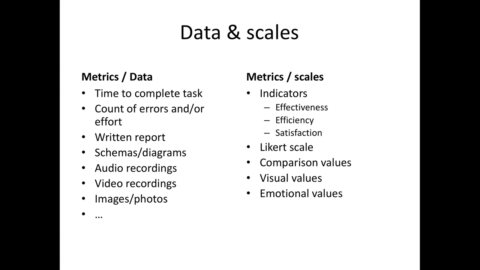Each method has different data that we can get, and we can get that data with different scales. Mainly, the scales can be more quantified or more qualified. So, metrics of time to complete tasks or count of errors are more quantified. Written reports are more qualified, and schemas, audio records, video records, and so on.